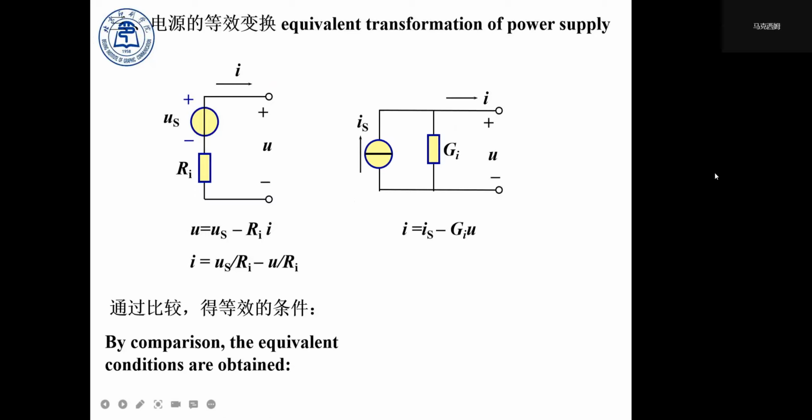So we have to make sure that the voltage between point A and point B is the same, and the current that runs to the terminal A and the terminal B has the same value.